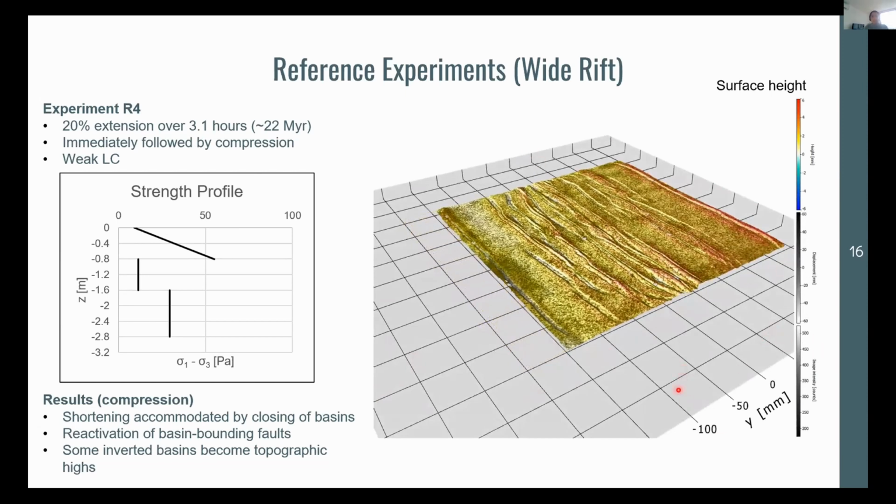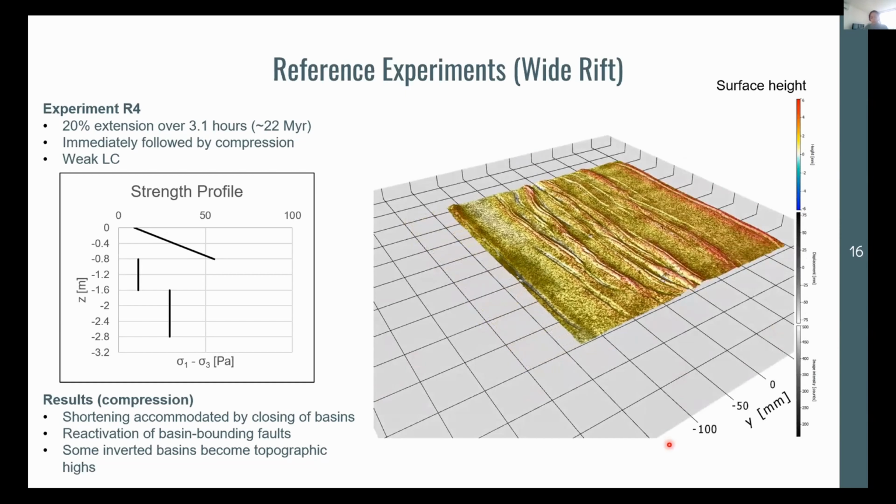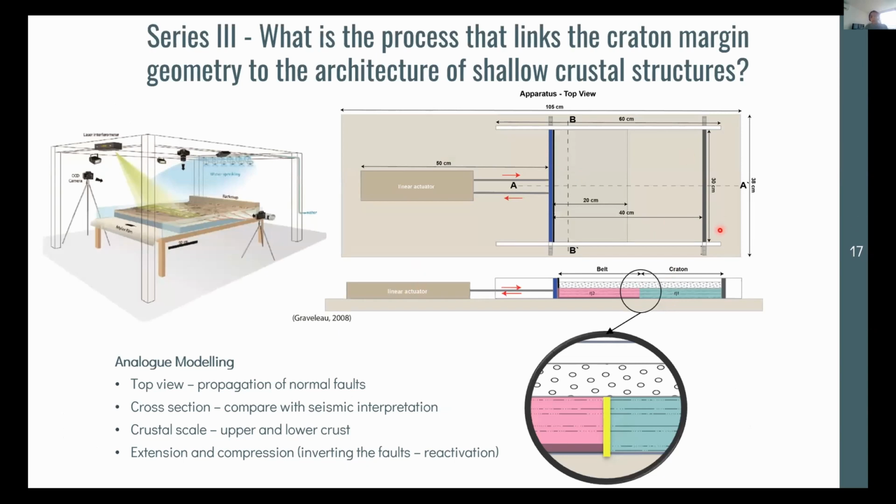Basically, we are at the very earliest stage of these experiments. What we are looking for is to see what the geometry causes in terms of changing the pattern of structures in the upper crust, and how we can link it to what we observe in the North Australian Craton. In my experiments, as I said, I just work on the lower crust and upper crust.